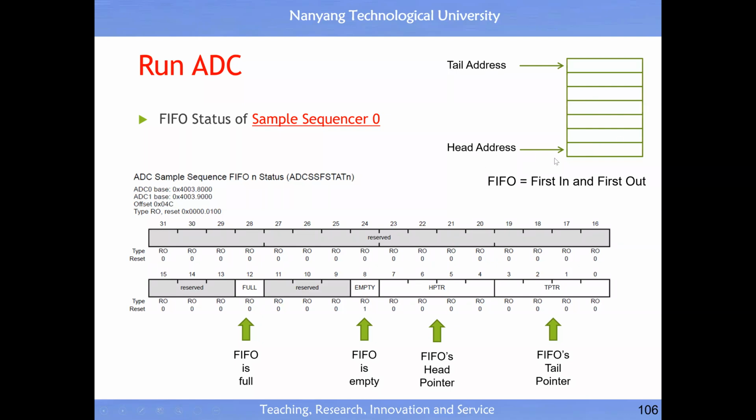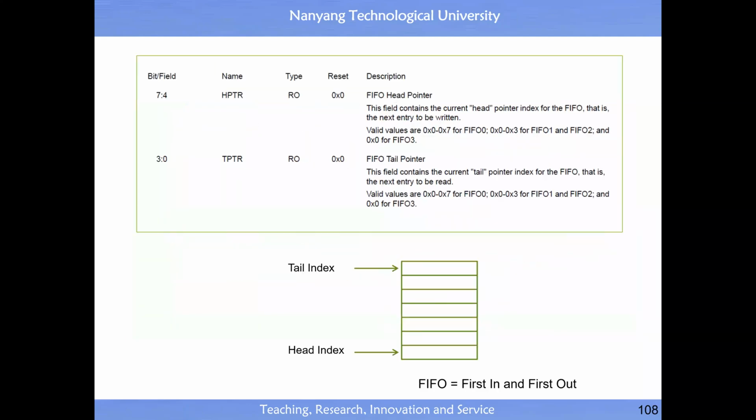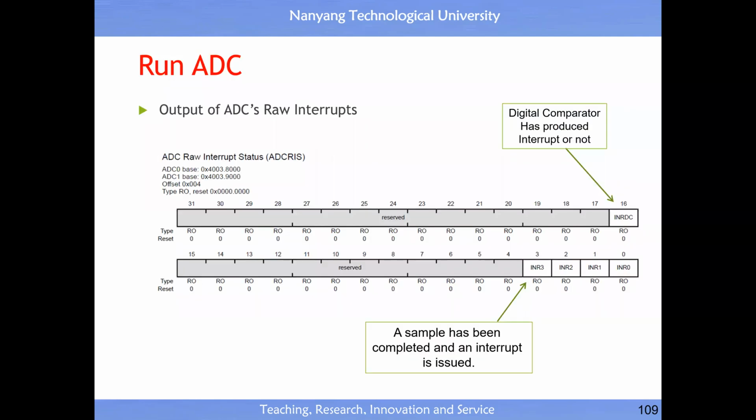They also give you the index of the head of the buffer and the index of the tail of the buffer in this register, so you know where to read out the data. That means all the data from the sensor is temporarily stored inside the buffer in case your CPU is not fast enough to read it out. So it really is very, very powerful.